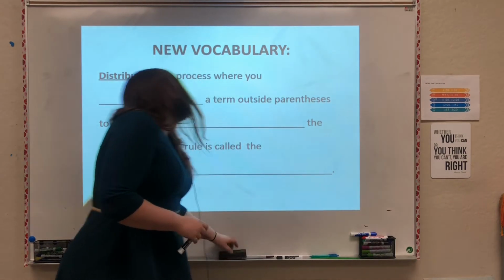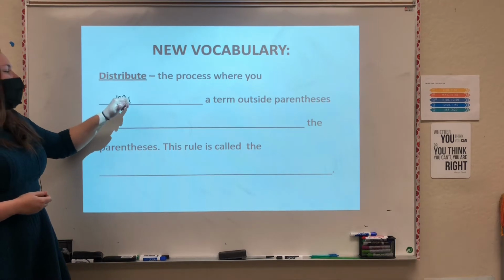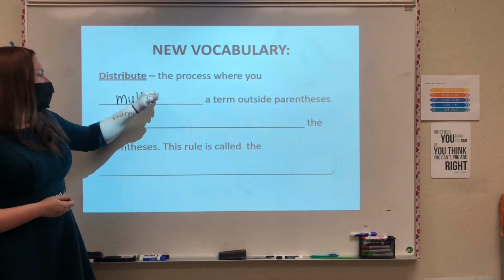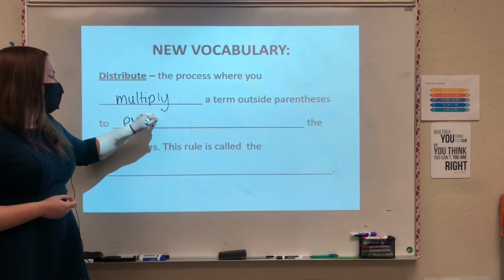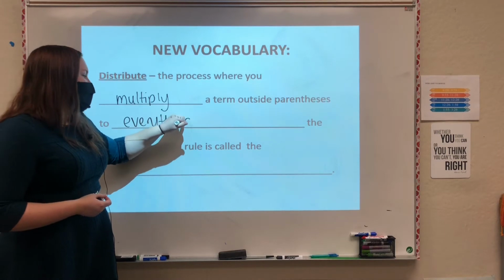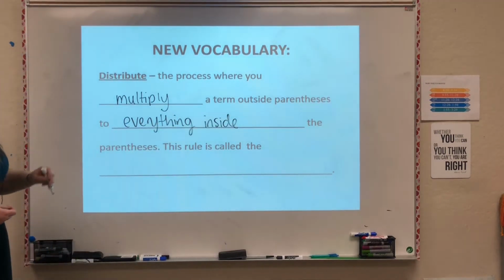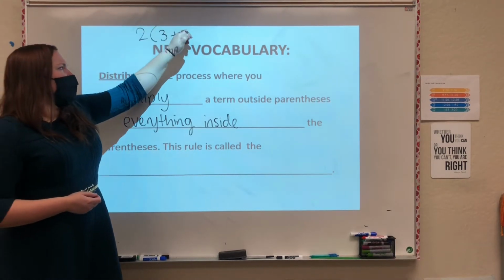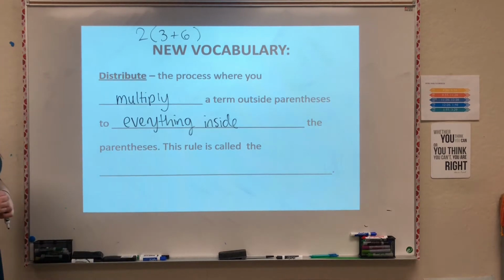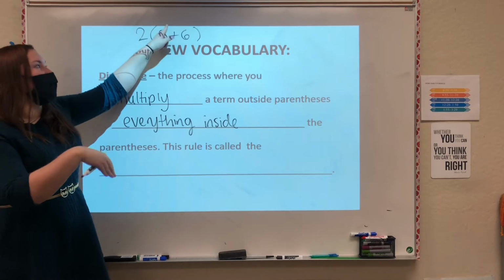So in math, we say distribute is this process where you multiply a term outside the parentheses to everything inside the parentheses. So the one we were looking at was 2 times the parentheses. You're multiplying that 2, that term outside the parentheses, to everything inside.